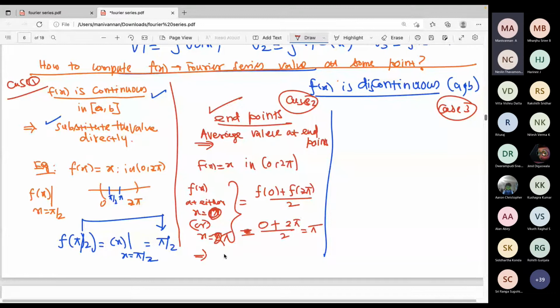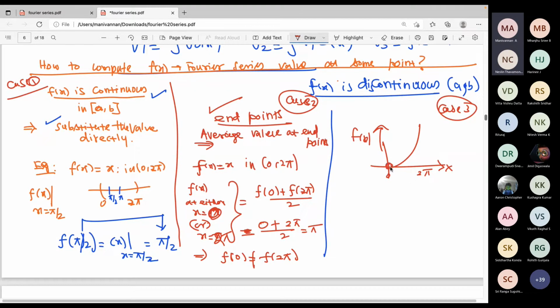Here you have to notice that f of 0 and f of 2 pi are not the same. Am I right? Yes, sir. f of 2 pi is 2 pi. So you are taking the average value of your function, your Fourier series value. Here we are going to calculate the average value of the end points only. See, this is my x and this is my f of x, the given function.